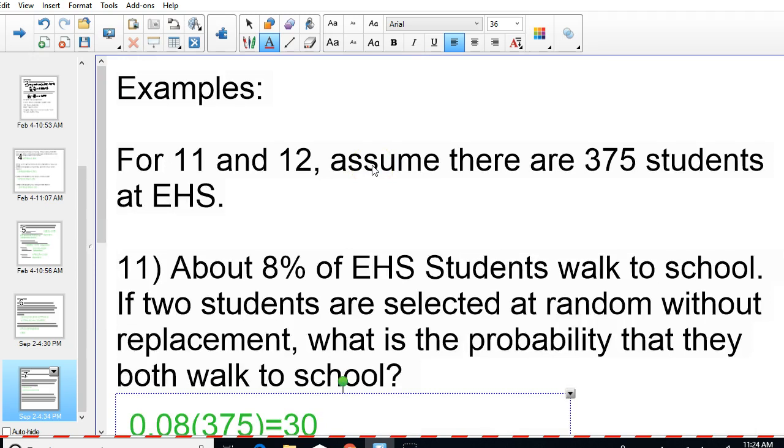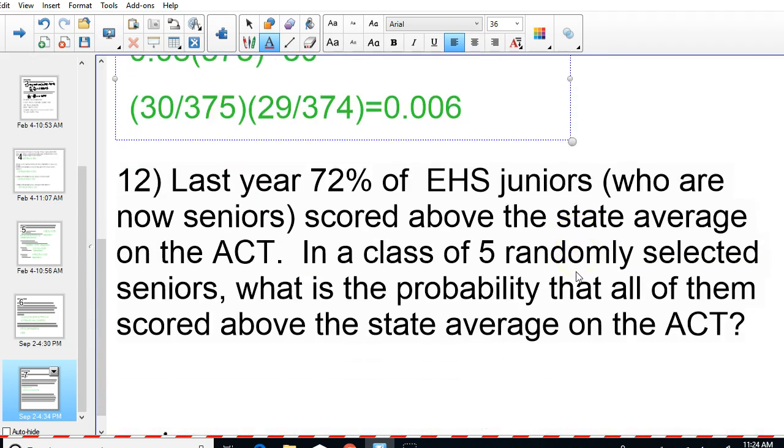Oh, we do need to know that. Let's just take 375 and divide it by 4 and see what we're close to. 93.75. So let's go 94. We're just giving it a rough estimate right here. We're only looking at one class.